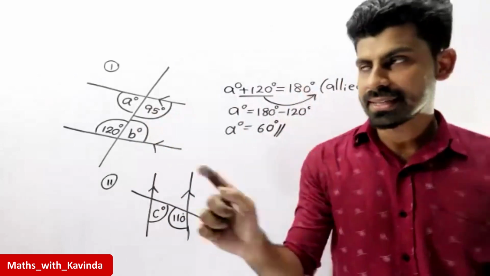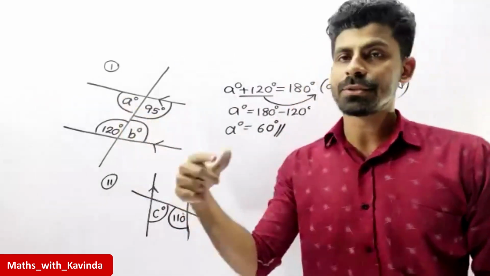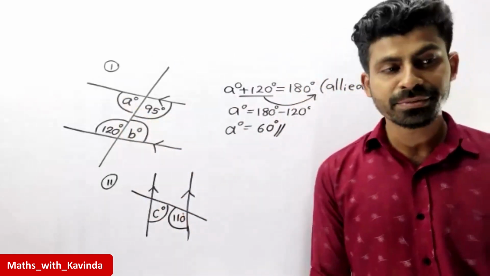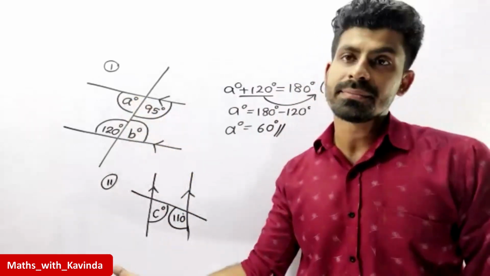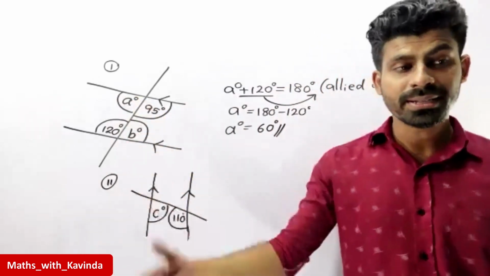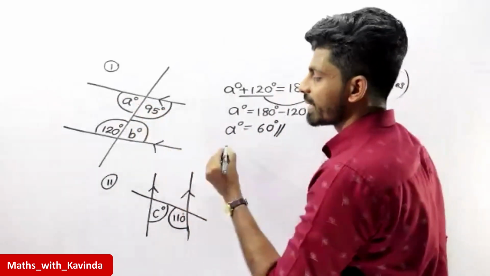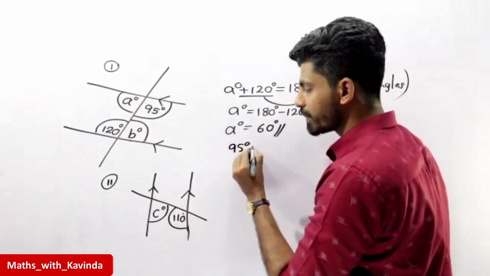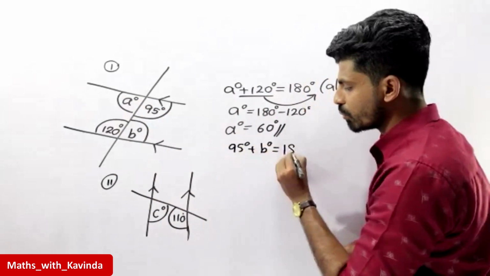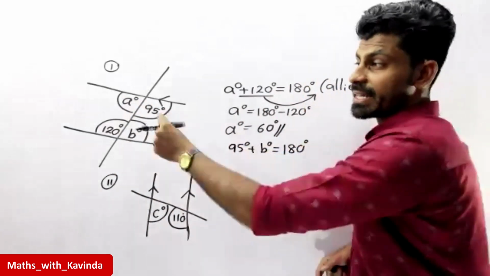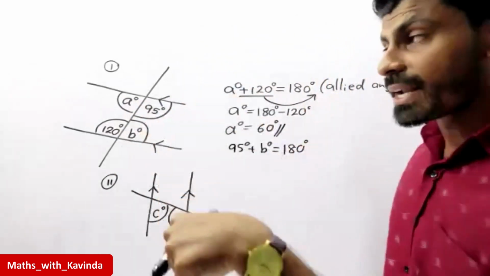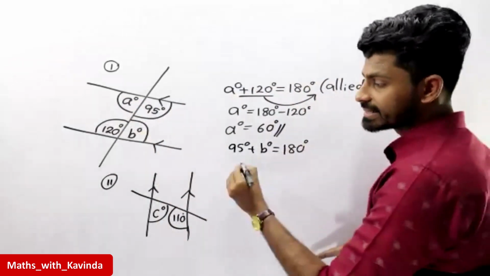95 plus B. Then what can we use? We can use alternate angles as well, then A equals B. So many methods are there. 95 plus B equals 180, because they are allied angles.